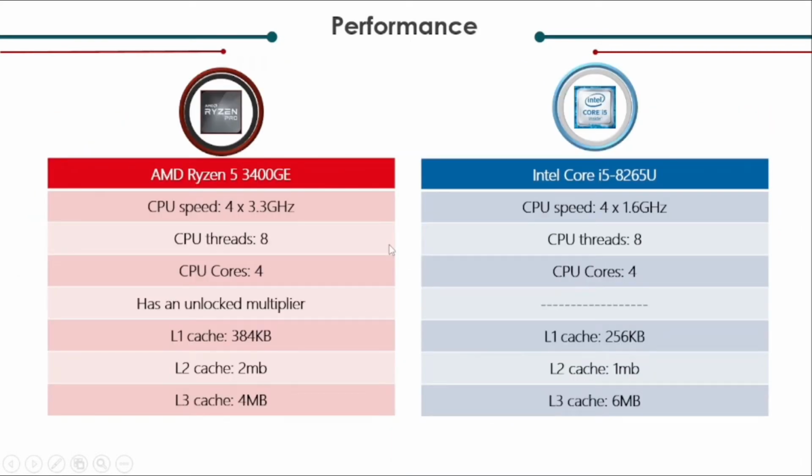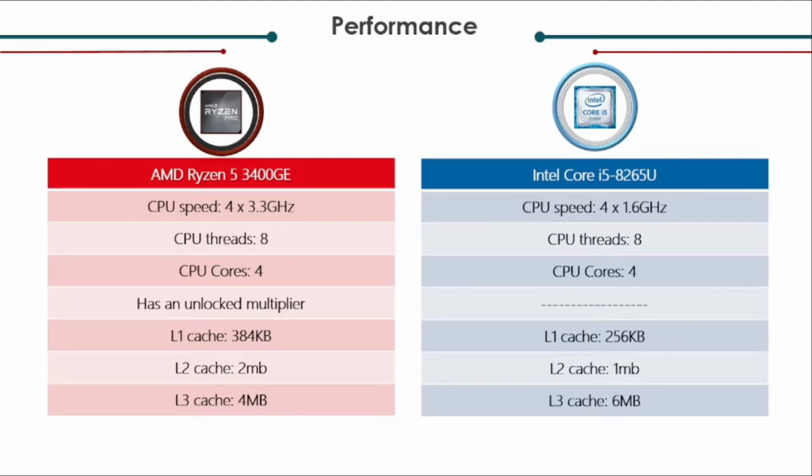For the performance, the AMD Ryzen 5 3400GE has the CPU speed of 4 times 3.3 GHz, while on the Intel Core i5-8265U, we have CPU speed with 4 times 1.6 GHz.